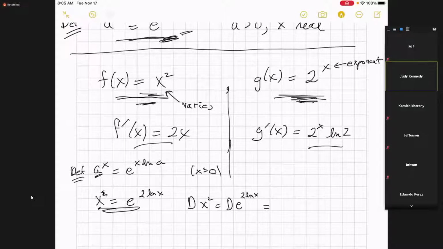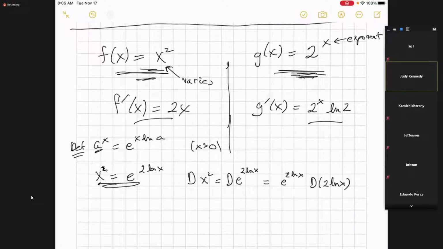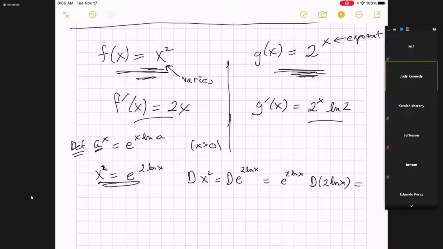And that's equal to e to the 2 ln of x times the derivative of 2 ln of x, because of the chain rule. You've got e to a function, so it's e to the function times the derivative of the function. And that's equal to e to the 2 ln of x times 2 over x.